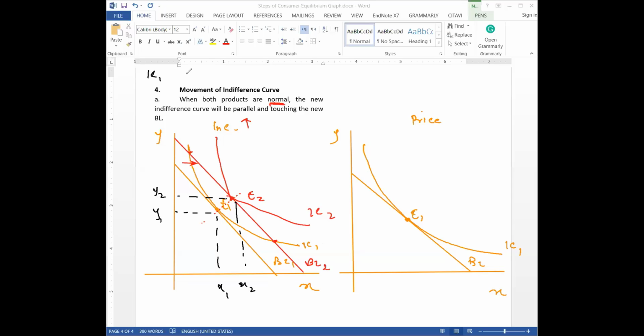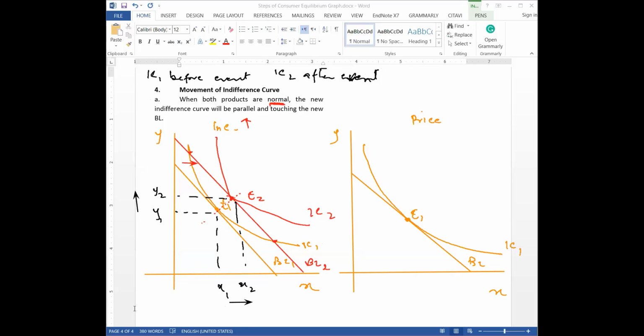IC1 is before the event and IC2 is after the event. The event is the change in budget line, that is because of change in price or change in income. So here we can see that because of the increase in income, Y has increased and X has increased.